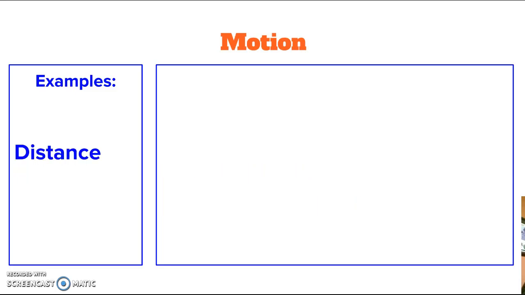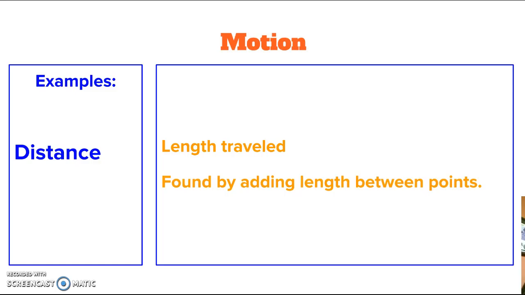Today we are trying to emphasize the difference between distance and displacement. For distance, it's going to be the length traveled in a lot of the problems that we're looking at. For today's problems, it was found by adding the length between the points that we traveled.